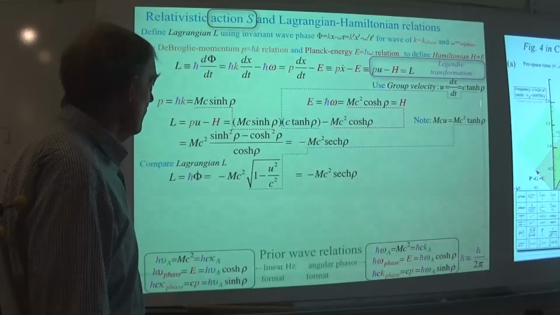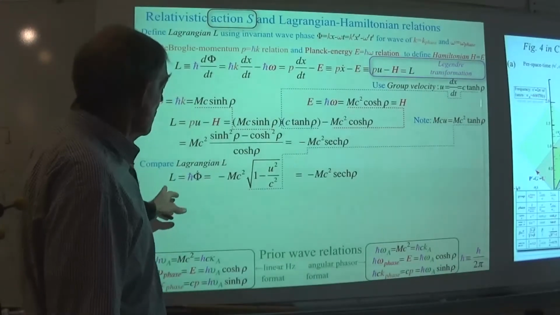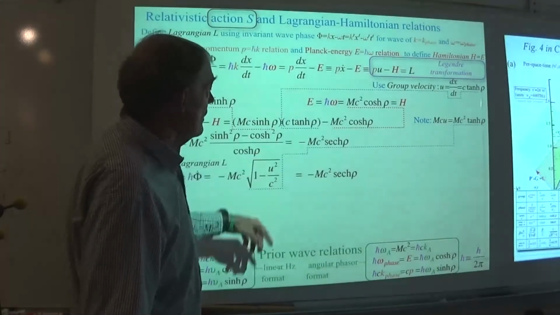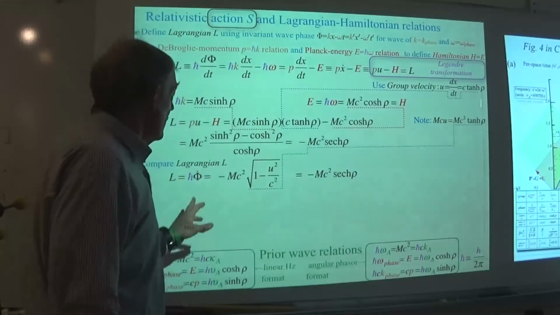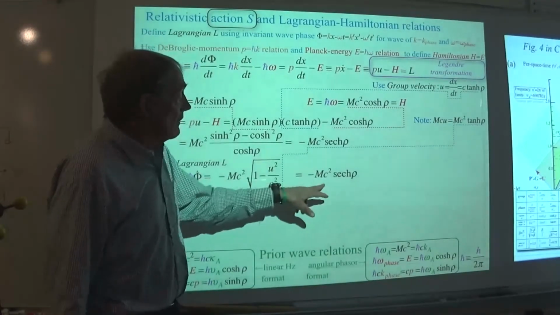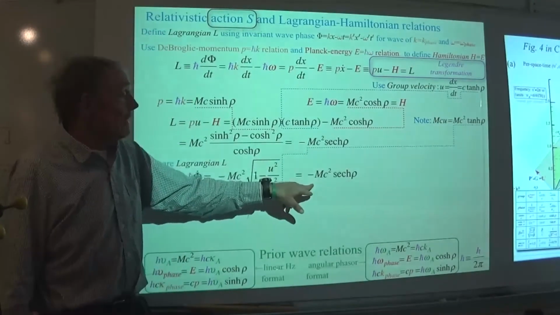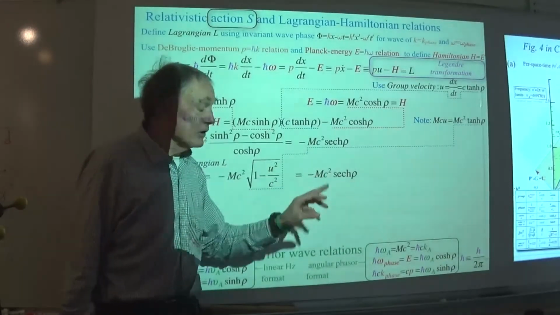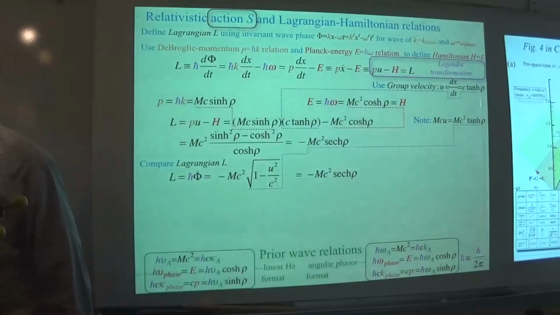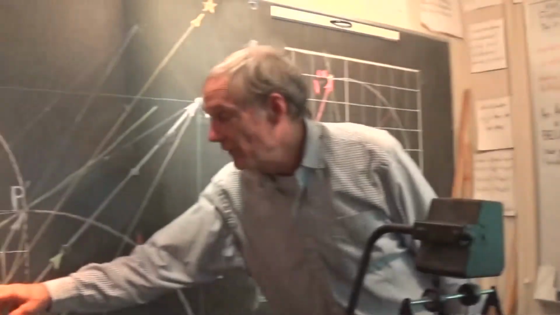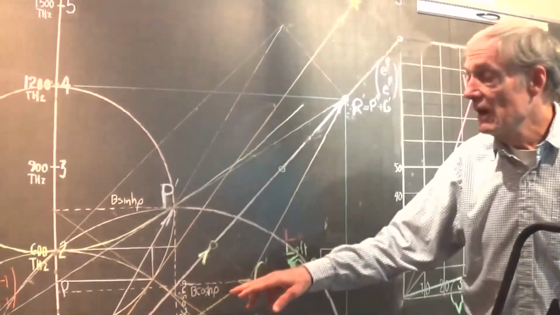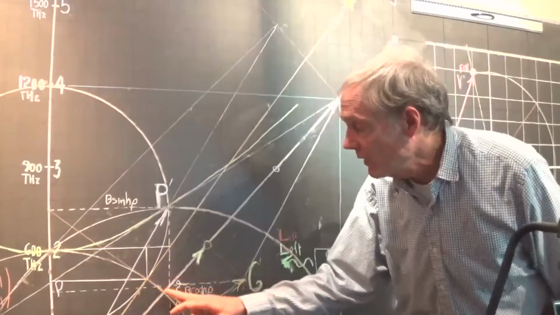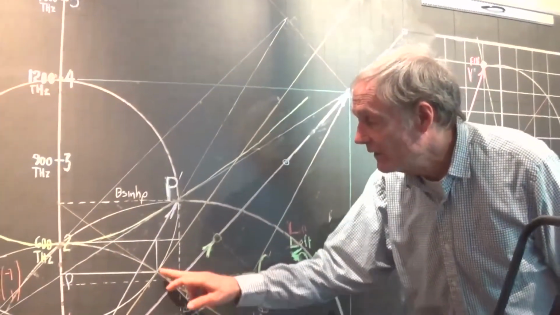So we go ahead and work all that out, compare the Lagrangian, that's what comes out of this, very, very nicely. The Lagrangian is the thing that was called the Lorentz contraction factor. This time it's got an mc squared. So the hyperbolic secant that lives on this circle. There's the Lagrangian circle right there.